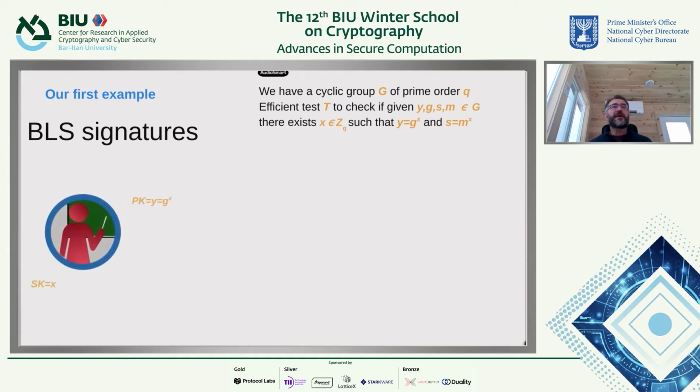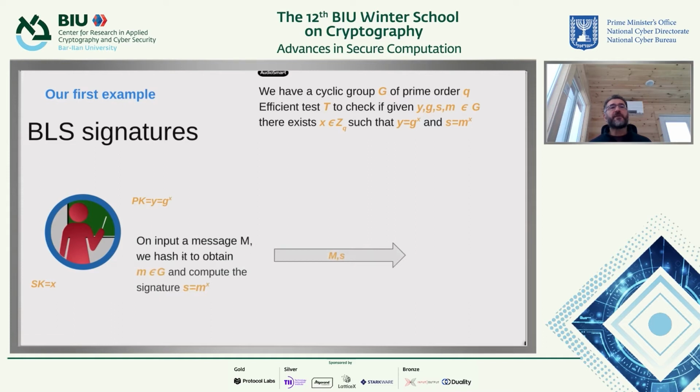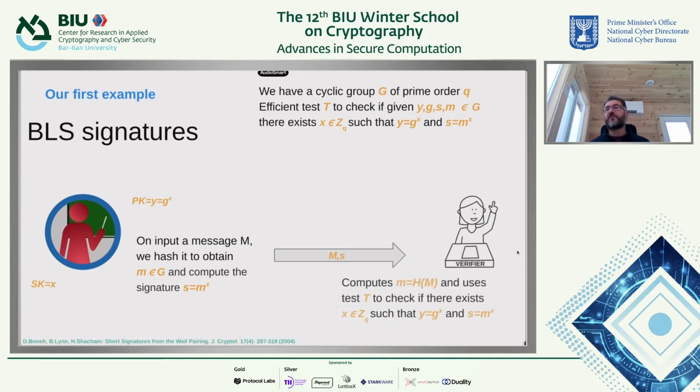So the BLS signature works as follows. The public key is a value y equals g to the x. The secret key is x. On input a message m, the message is hashed into the group through a collision-resistant hash function. And actually, for the proof of security, you need more than that. You need it to be a random oracle. Then the signature is computed as m to the x, and the message and the signature are sent to the verifier.